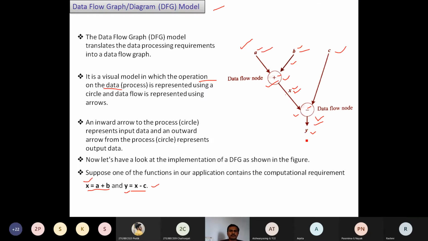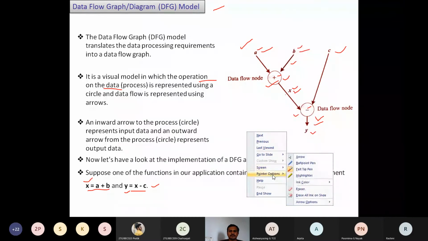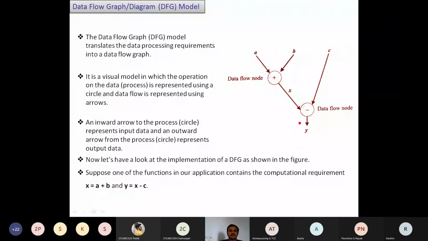The next one is the control data flow graph. So it is a simple application that we have discussed, a simple processing element. There is no condition here. The data is simply calculated.